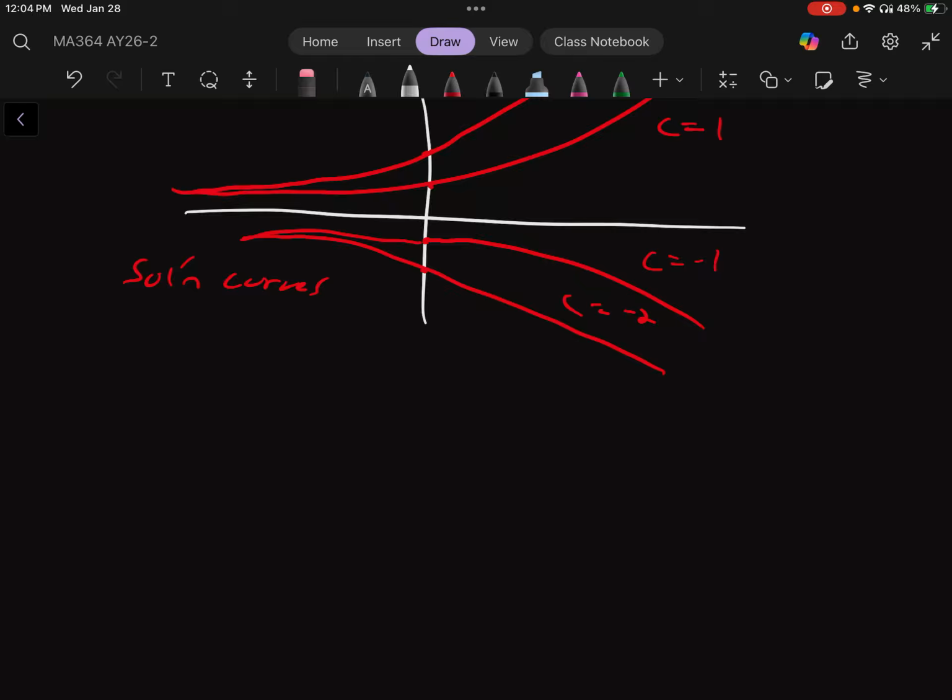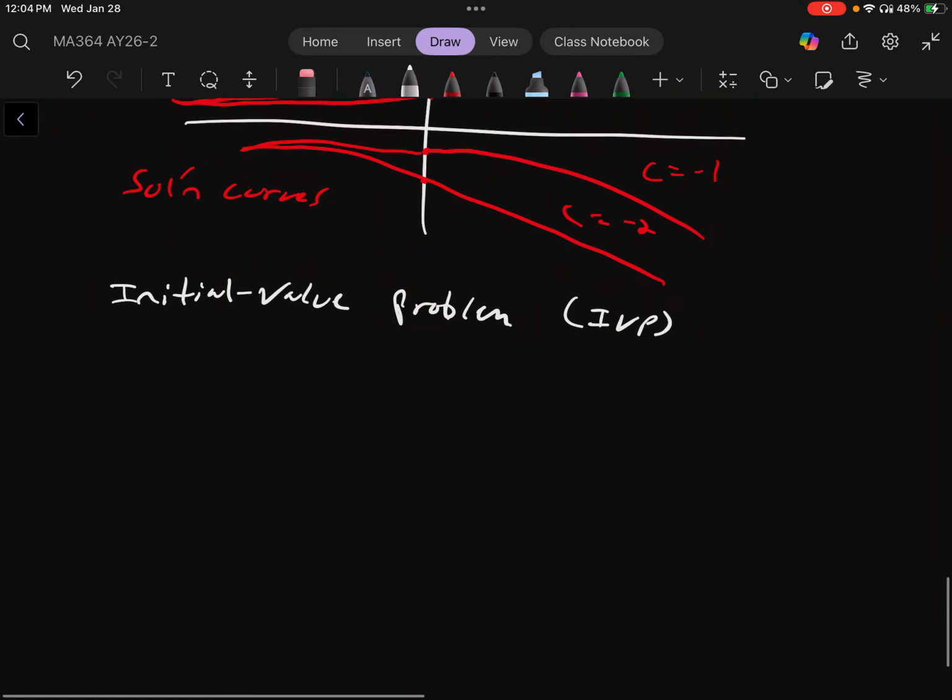But how do we pick which curve we want to represent the solution? Because that's a general solution, we need to talk about something called an initial value problem, or IVP for short. An example of that would be, take that differential equation that we had before, but give some kind of condition on the initial value.